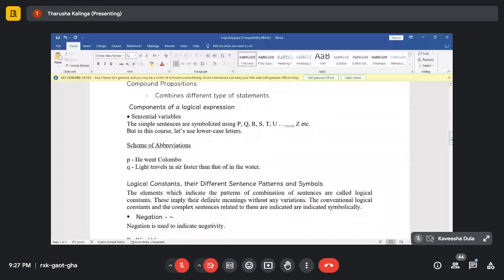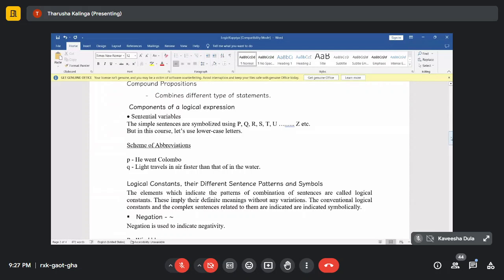At the first time you saw how we used P, Q, R, S up to Z to show a statement, or an expression, or an atomic statement. The atomic statements are the ones that we talk about here.